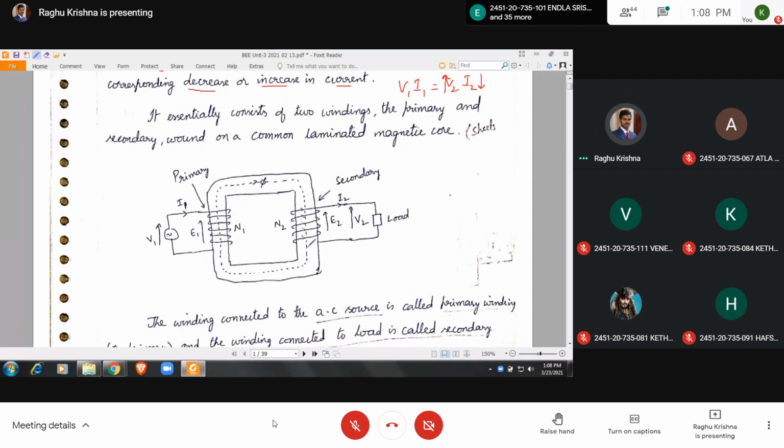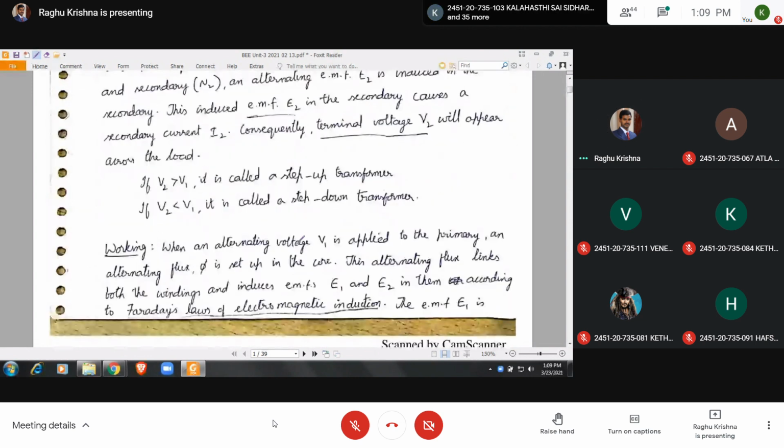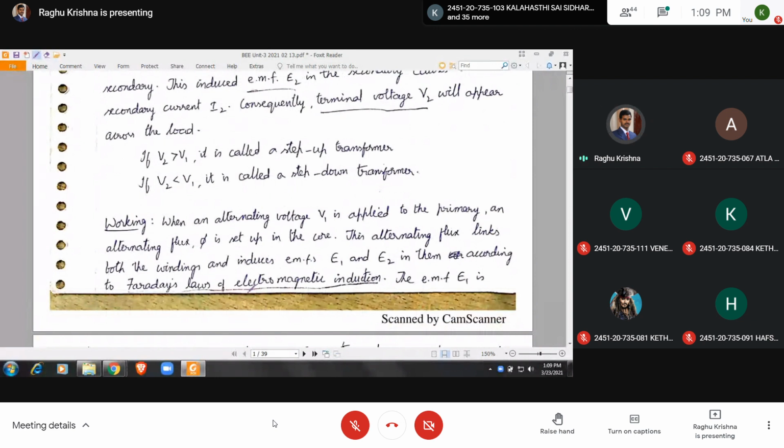We can write down that the EMF induced in a transformer is the statically induced EMF. If you want, you can write the working of the transformer: when an alternating flux links with the winding, EMF is induced in the transformer. Is it clear?